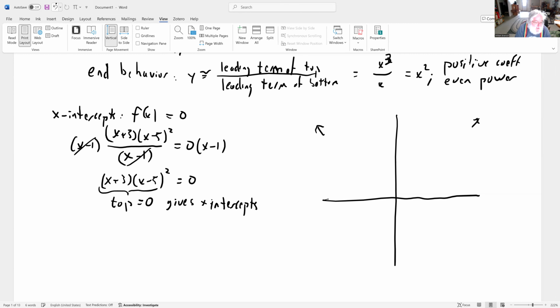And we know what we've got then. x equals minus 3, the multiplicity of 1, right? And that's an odd power, which means the function changes sign.